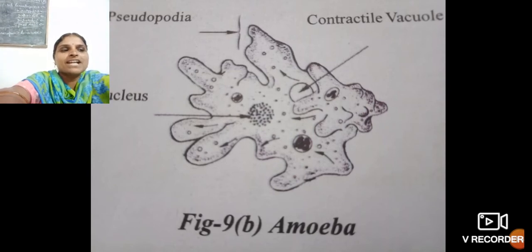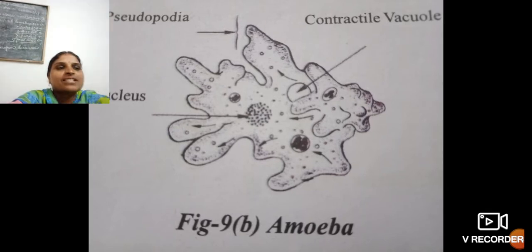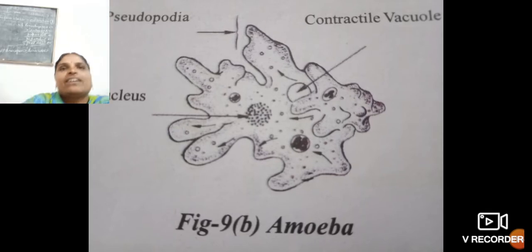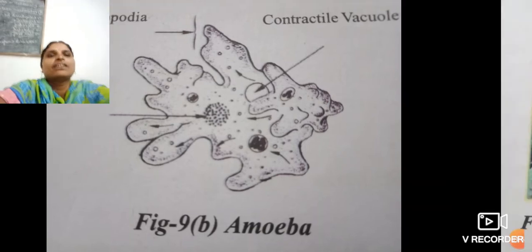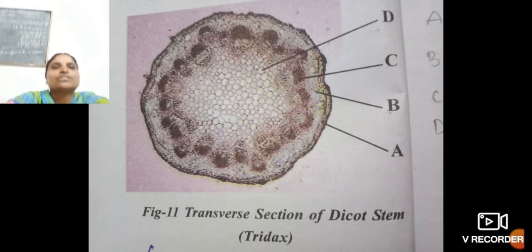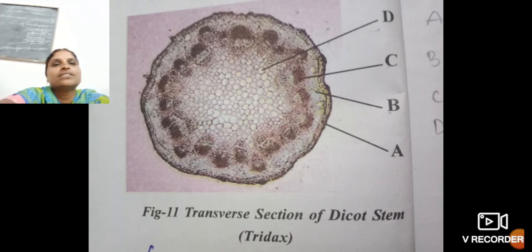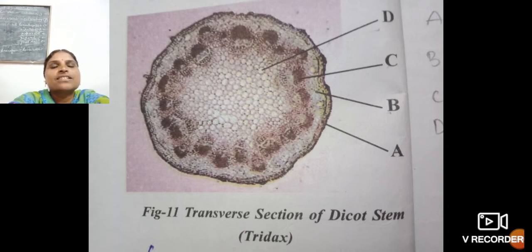Basic life processes in multicellular organisms are carried out by a variety of cells. Next, observe this picture. What is observed in this picture? The transverse section of a dicot stem.